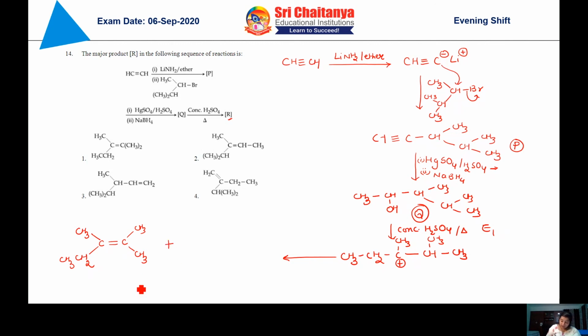But if it would have had, then definitely more possibilities could have been there in the answer. This is going to be minor, CH3, CH3. Yes, a very, very small amount of this product could also be formed.